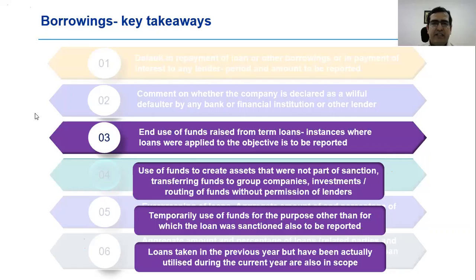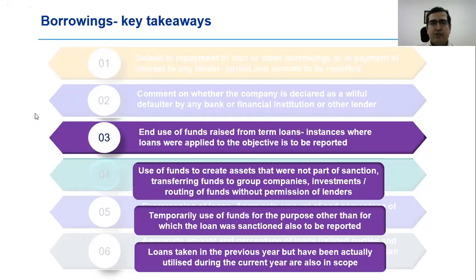And this is quite a challenging item from an audit standpoint, because friends, you will remember that money is fungible. Money does not have color. The money that gets credited to my bank account does not know whether it is coming from a short-term source or a long-term source. You could see companies having separate bank accounts to segregate some of these items, but it's not always practical to do a 1:1 correlation.